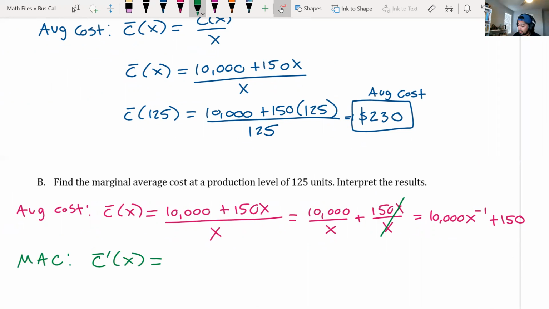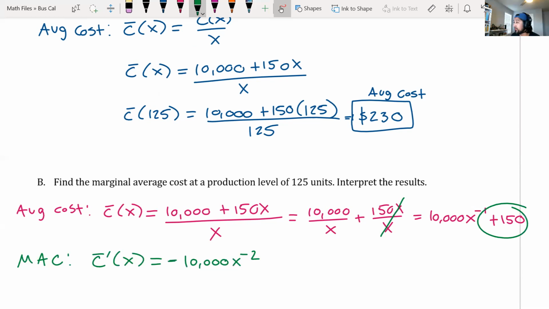And now, what is the derivative of 10,000x to the -1? Negative 10,000x to the -2.